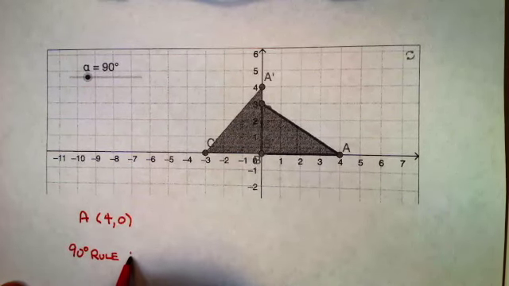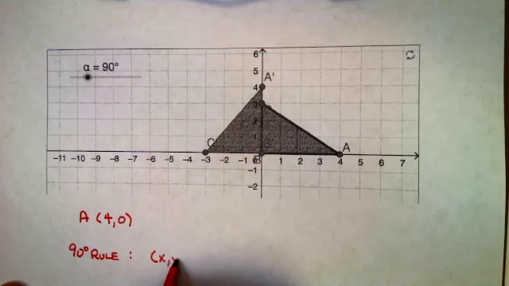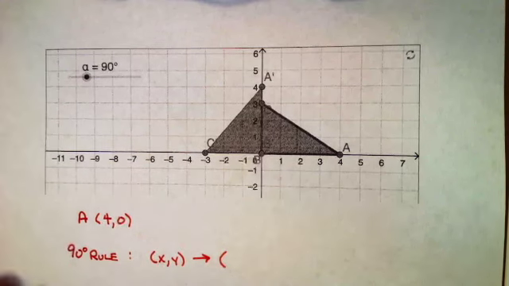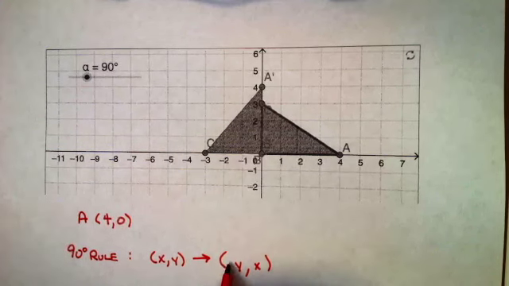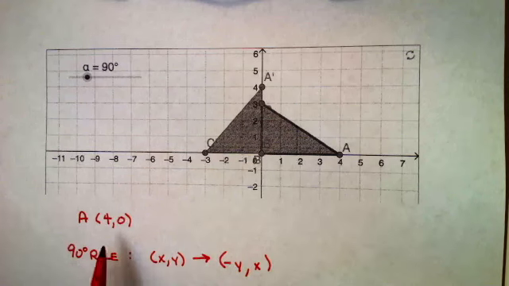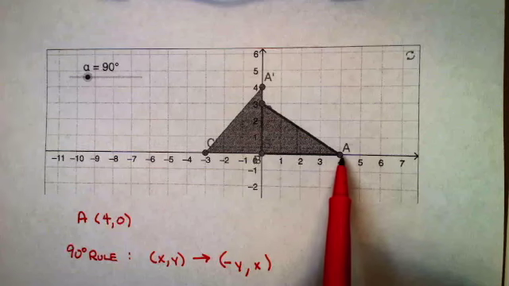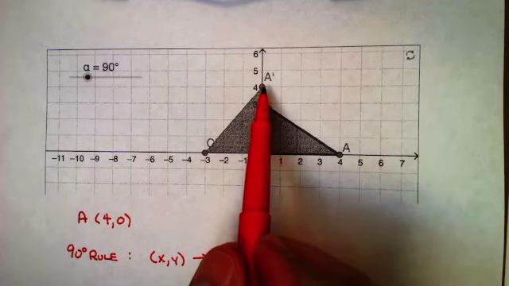tells me that for every point, if I rotate it 90 degrees, the X and the Y are going to change positions, and I'm going to write down the opposite of that Y. So let's look and see if that takes place with this picture. My A got rotated up to this point right here.